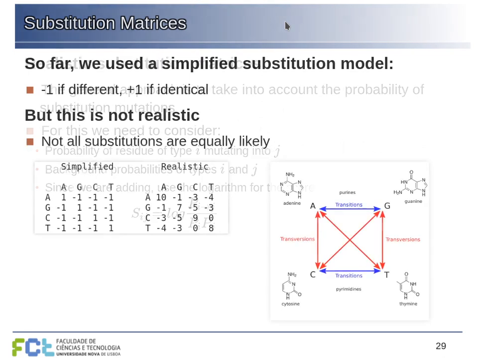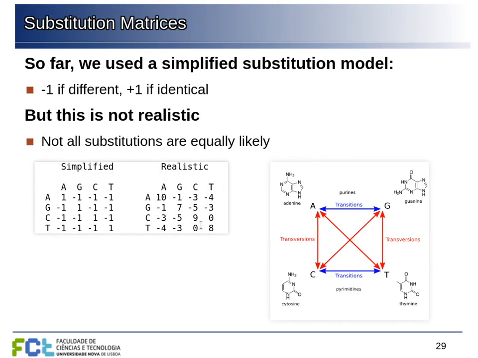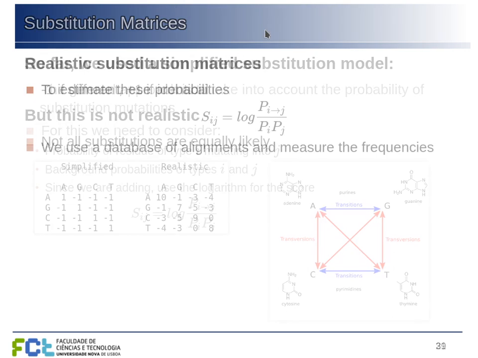This will affect the difference between the diagonal and the rest of the scores. If we are looking at very different sequences, the diagonals will go down and the rest of the scores will move up in value because those things become more frequent. If we are looking at very similar sequences, then the diagonals will be very high because more often we find the same residue in both sequences in the same place, and the other scores will go down because these mutations become increasingly rarer.